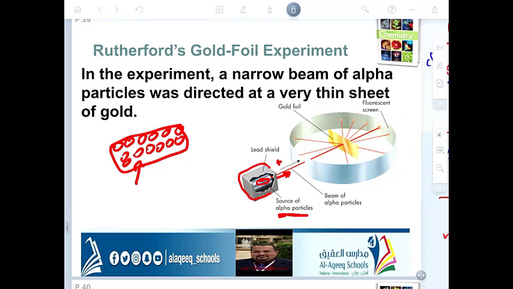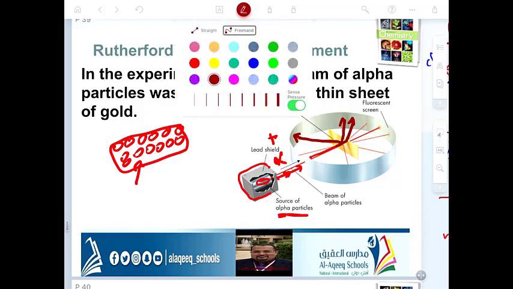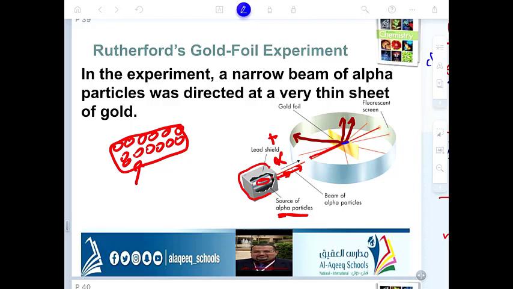First, he allowed the rays to move in this direction, which are alpha positive, and he found that some rays are reflected like this, some of them are penetrated but deflected like this, and the majority are penetrated and move in a straight line like this. Majority of them. 3 observations.